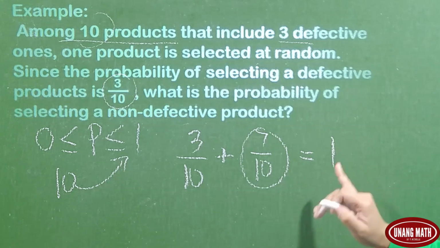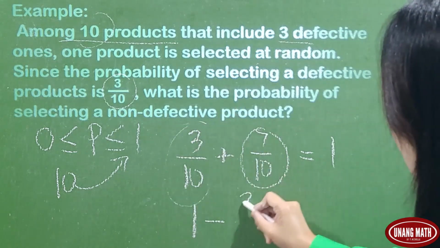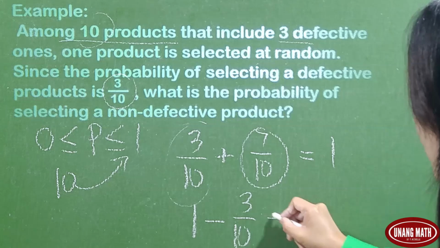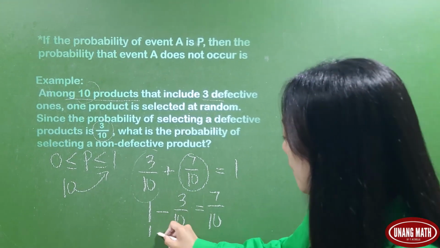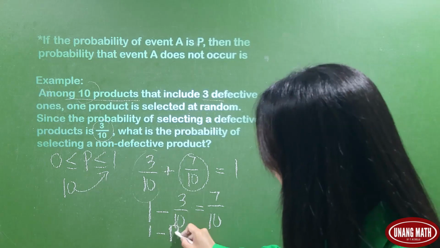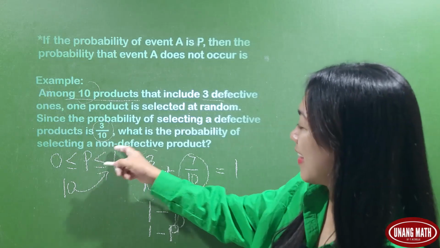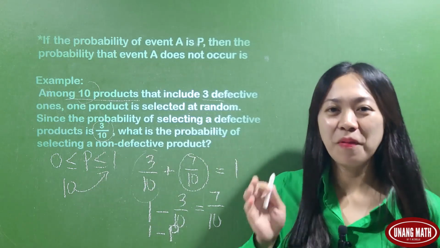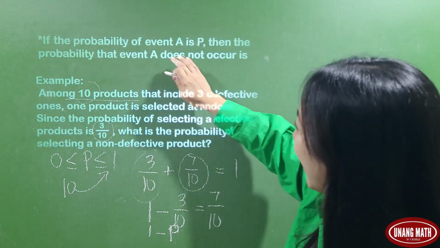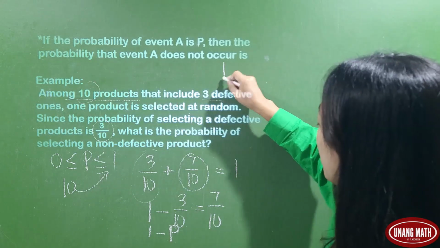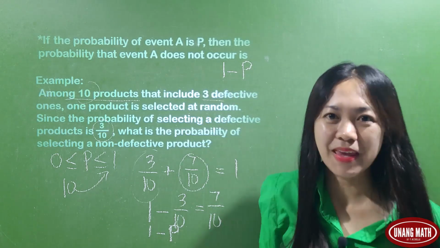Or 1 subtract this probability, 3 over 10, which is equal to 7 over 10. So 1 minus this probability P. So 1 minus P gives the probability of selecting a non-defective product. To find the probability that event A doesn't occur, we will be using this formula, 1 minus P.